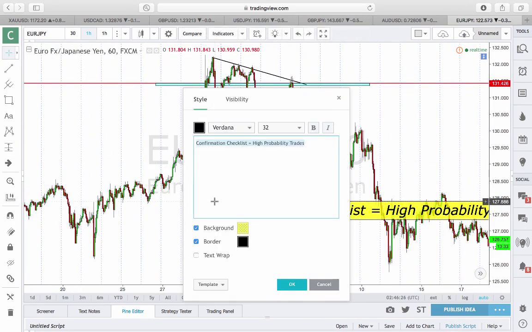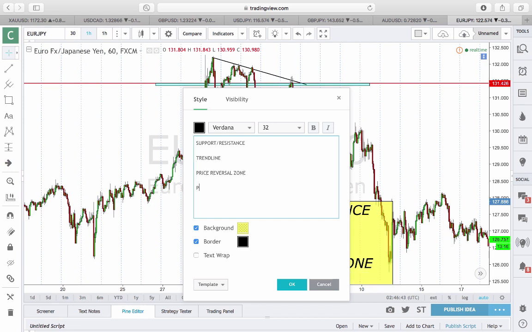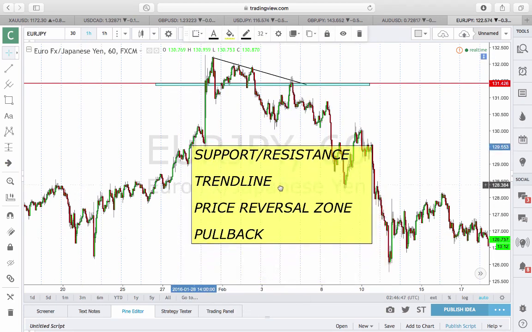First, is there support or resistance? Support or resistance, trend line, price reversal zone, and then pullback. Let's check this out.